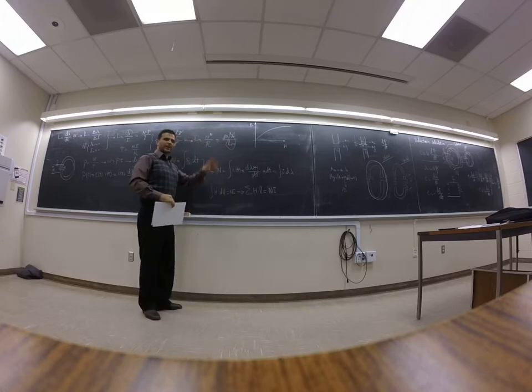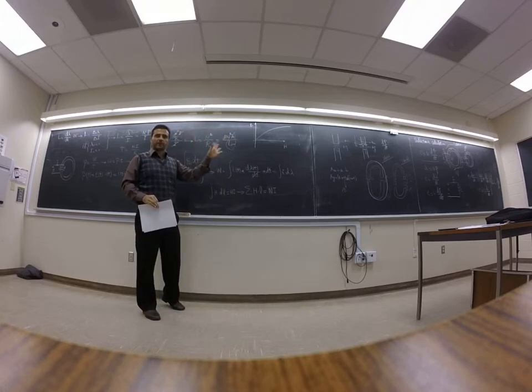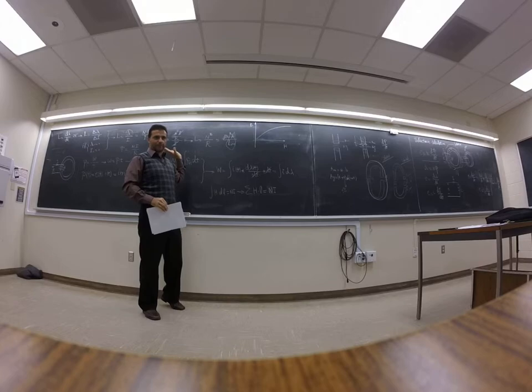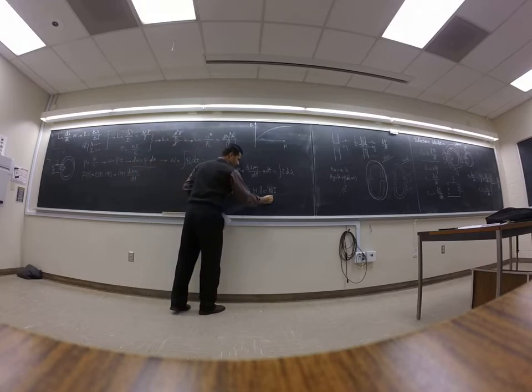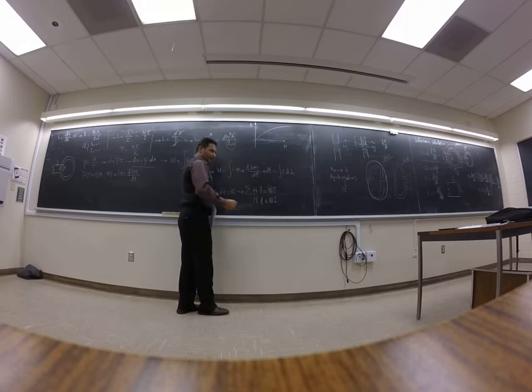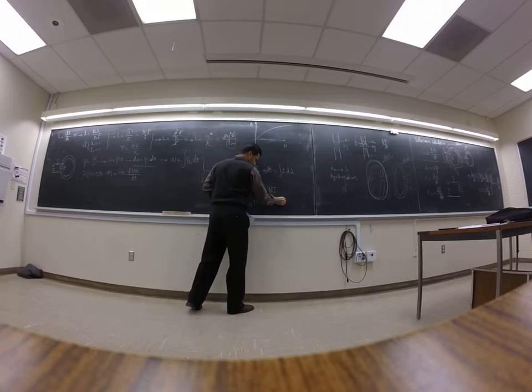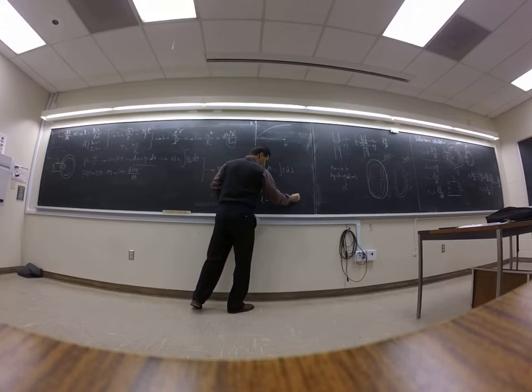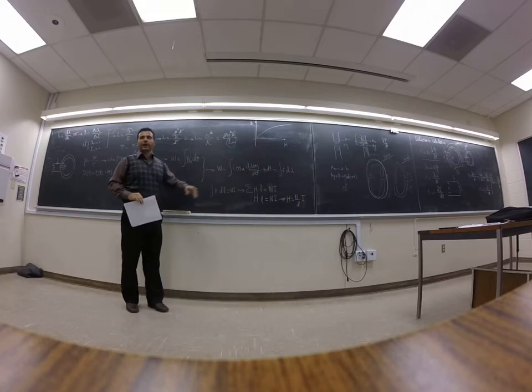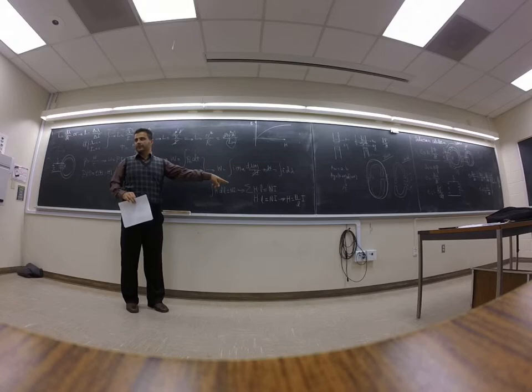Let's say we have only one material, not with the air gap. I'm going to make it simple. So HL is Ni, so H is going to be N over L times i.